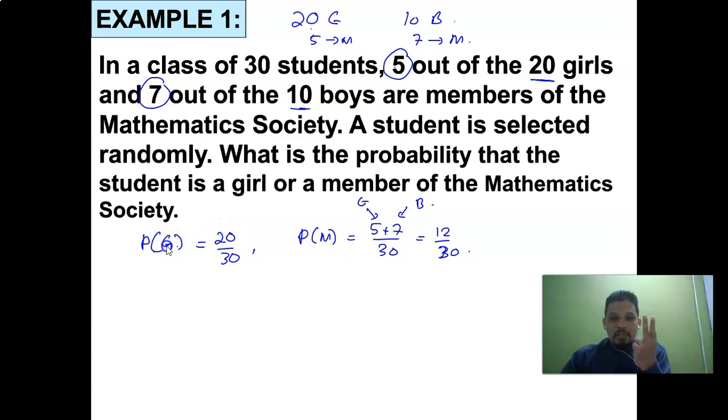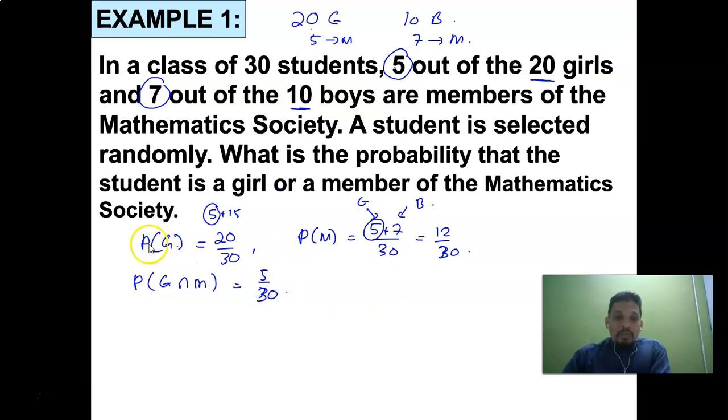Out of 20 girls, 5 are members of the mathematics society, and the rest, 15, are not. So we count this twice. We need to come up with the probability of G intersect M, which is equal to 5 over 30.